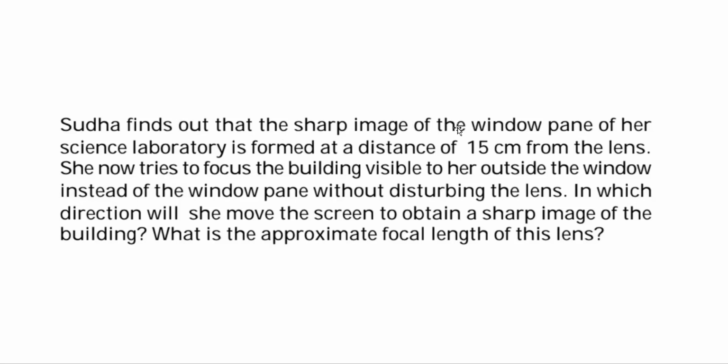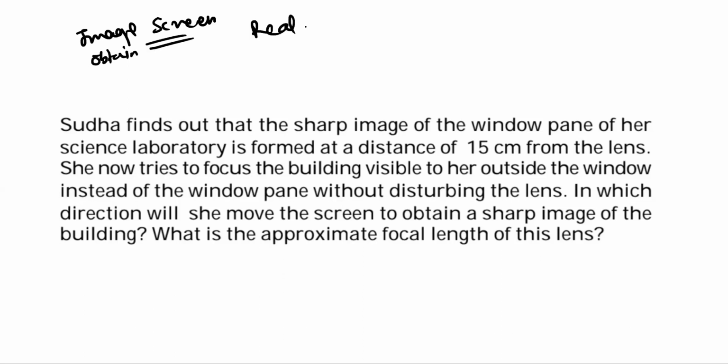Sudha wants to obtain a sharp image of a window of a science laboratory formed at a distance of 15 centimeters from the lens. If she wants to obtain the image on a screen, it means a real image.